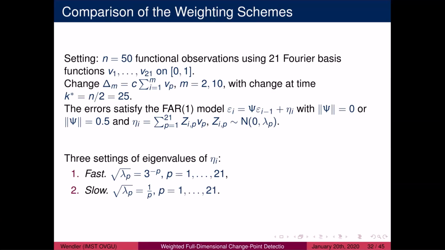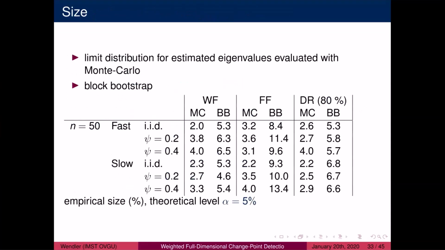So either it might decrease fast, that means you're concentrated in a few of the dimensions, or it might decrease slowly, that means that your information is spread out over all the dimensions.